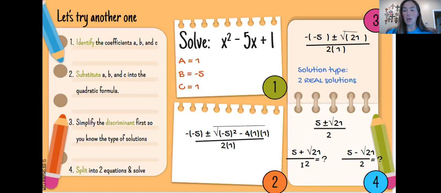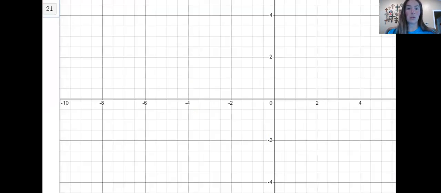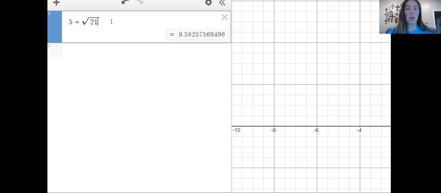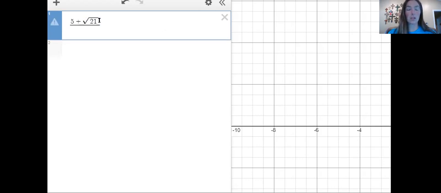And so now we're going to plug these into our calculator. Again, remember I said copy paste. So I'm going to copy that into Desmos. And again, if you have a separate calculator, that's fine. I'm just showing you how to do it online. And notice it didn't put it underneath. So I'm just going to go in here and put 21. And then highlight the whole thing and hit the slash that's with the question mark to get your division.